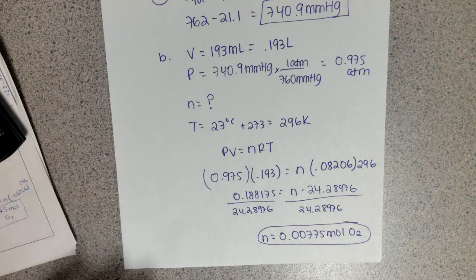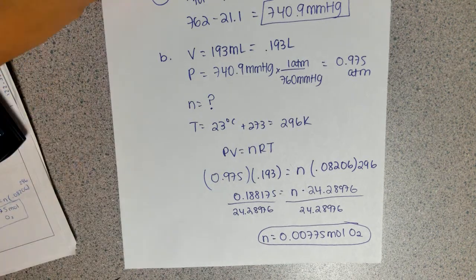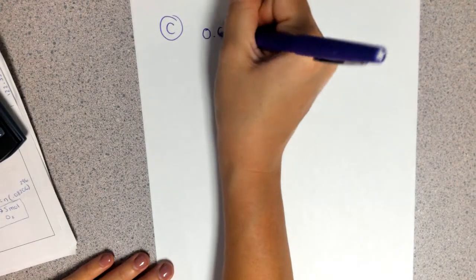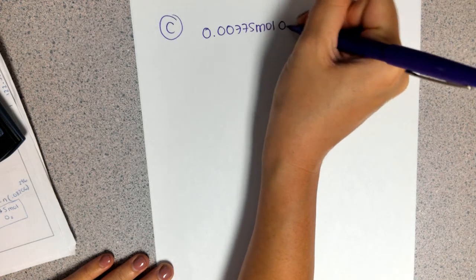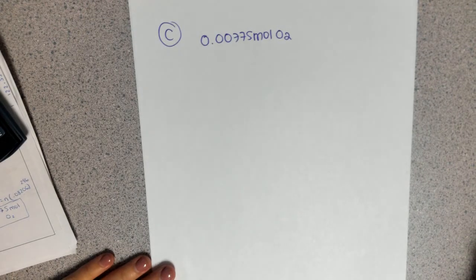And then for part C. Part C was how many grams of oxygen were collected. So if I have 0.00775 moles of O2 and I want to change that to grams, I just need to do a simple mole to gram conversion.